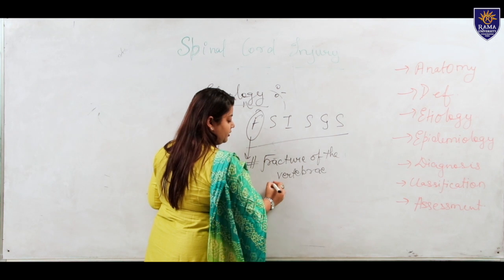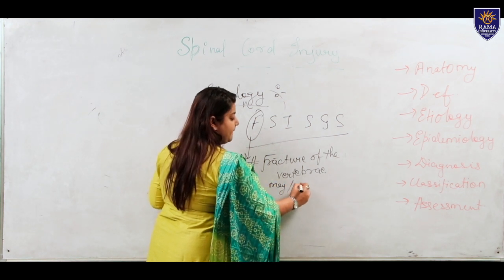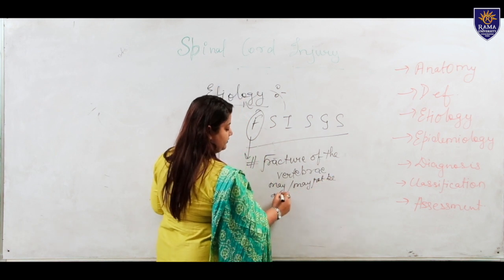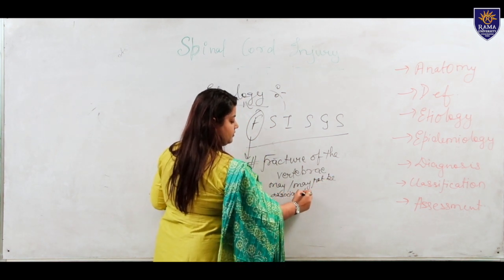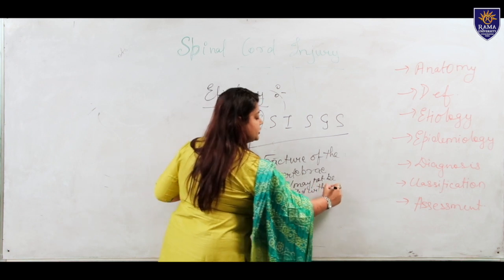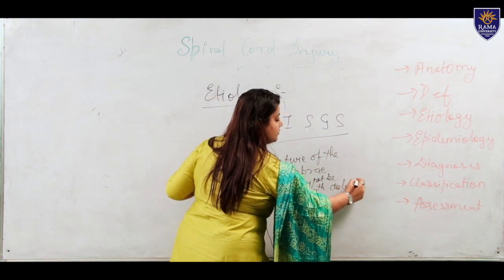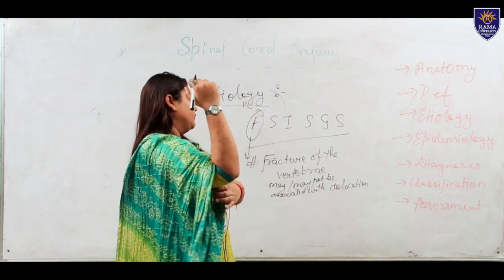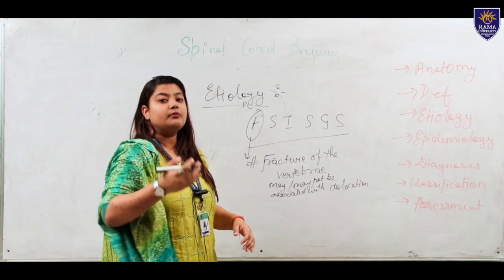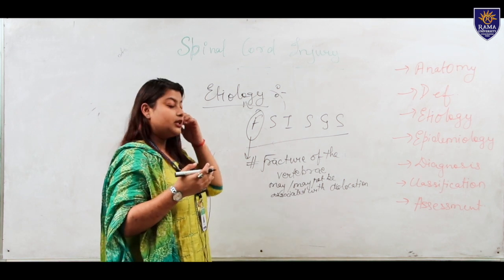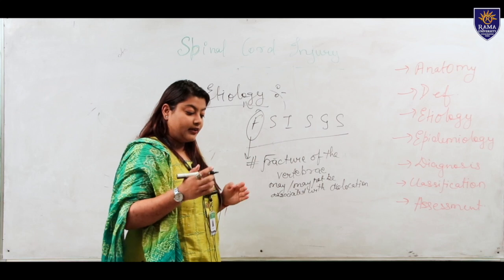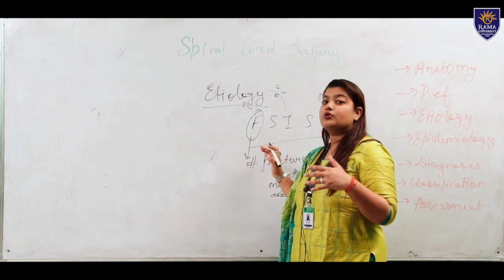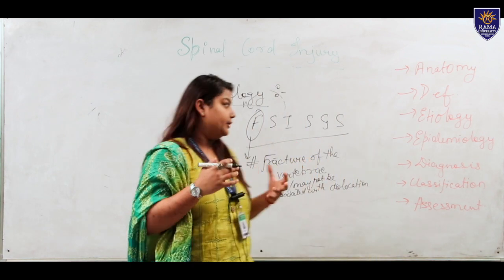This may or may not be associated with dislocation. Any fracture of the vertebral column could or could not be associated with dislocation of the vertebra. Whether there is dislocation or not, there are high chances of the spinal cord getting compressed or hampered.